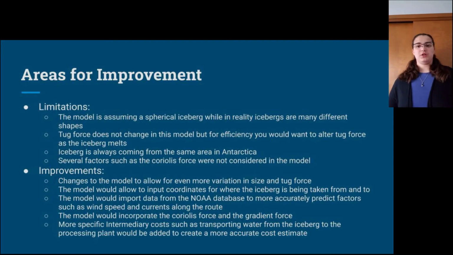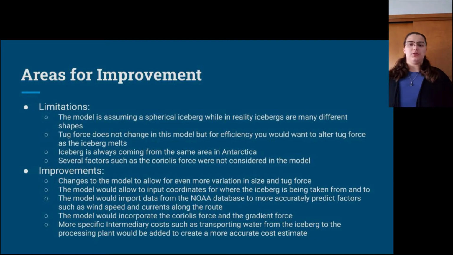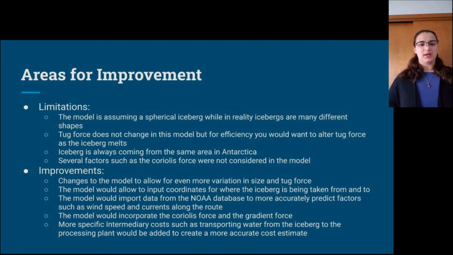Some limitations in our model could be improved upon. This would include changes to the model, allowing for more variation in iceberg size and shape, as well as changes in tug force as the iceberg melts.